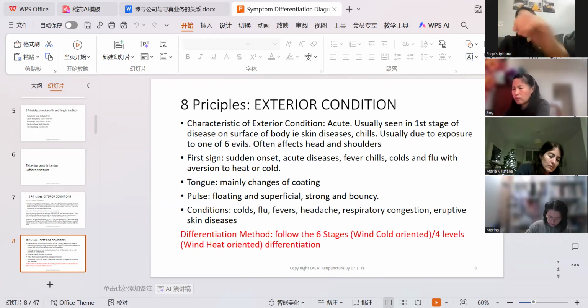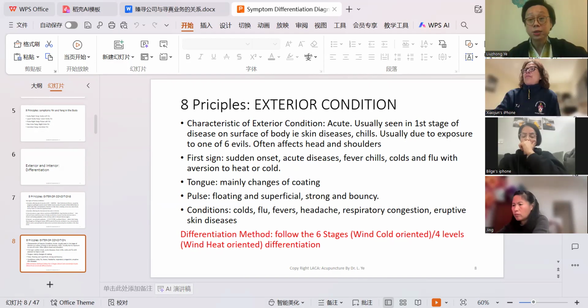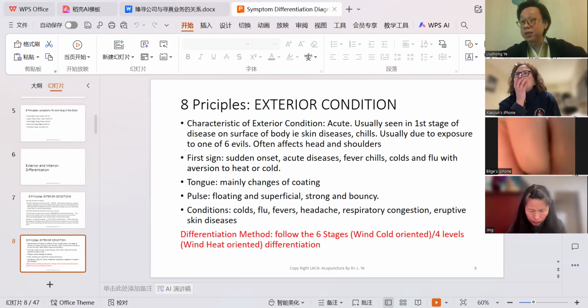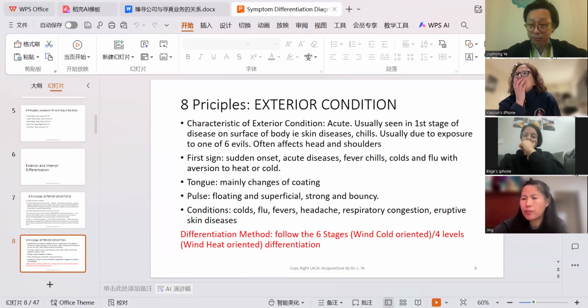The question is, all right, so you have people who you think this is external, because an external condition means symptoms coming all of a sudden, like the flu symptoms. You have headaches, you have running nose, and you have body aches. You even feel dizzy, nausea.